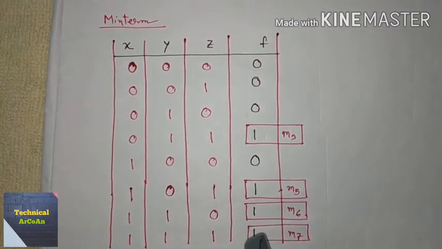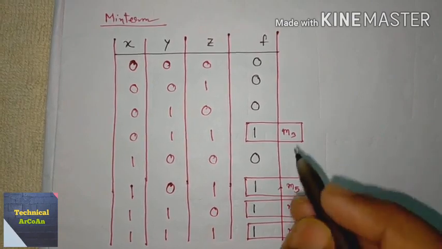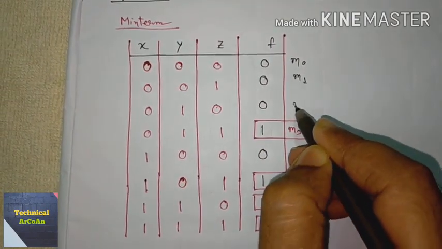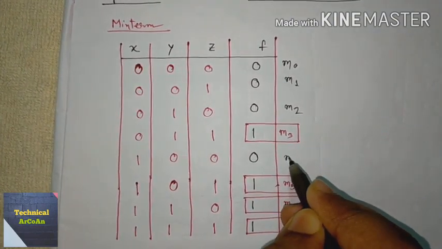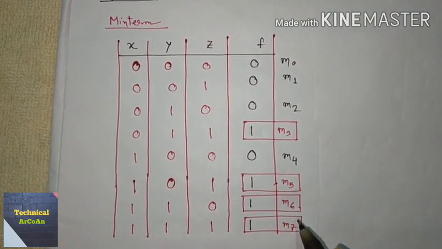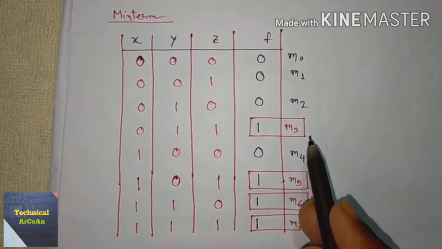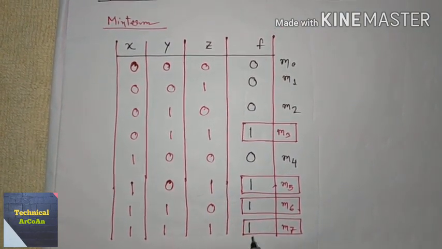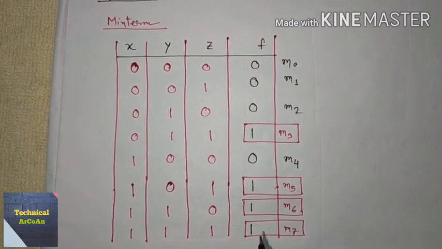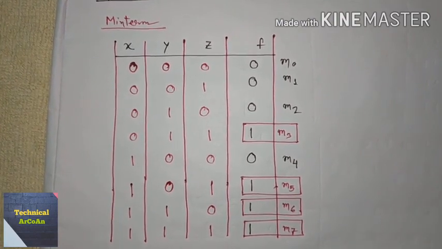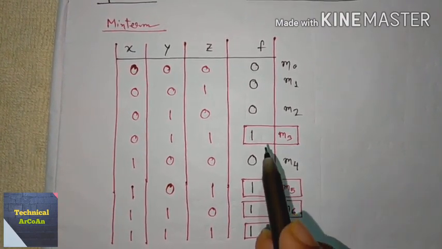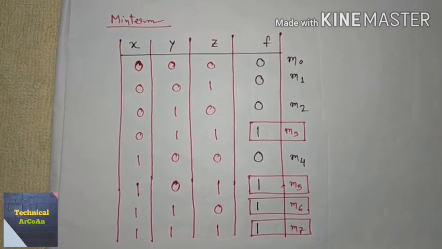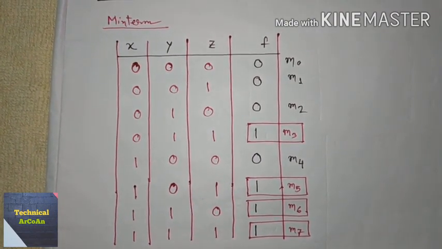So for this example, we already know this position is M0, M1, M2, M3, M4, M5, M6, M7. Now just M3, M5, M6 and M7, at these positions the 1 appears. That means these positions' values are taken as min term values for the Boolean expression.